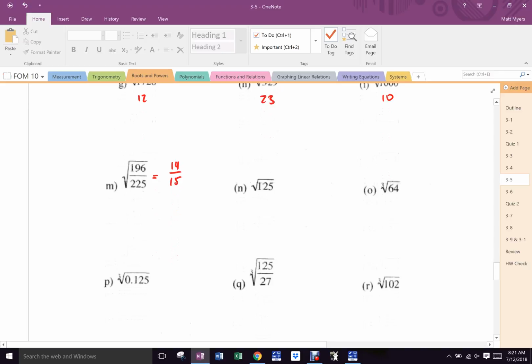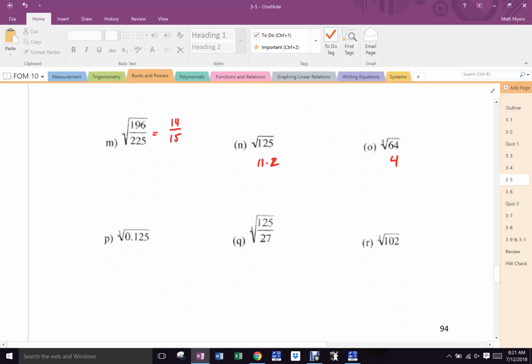Square root of 125, 11.2? And a bit, because I said 2 decimals. Cube root of 64 is 4. Cube root of 125.5. Cube root of 125 over 27 is 5/3. And the cube root of 102 is 4.6 something. I thought it was 4.7 something, but 4.67 you say? Great.